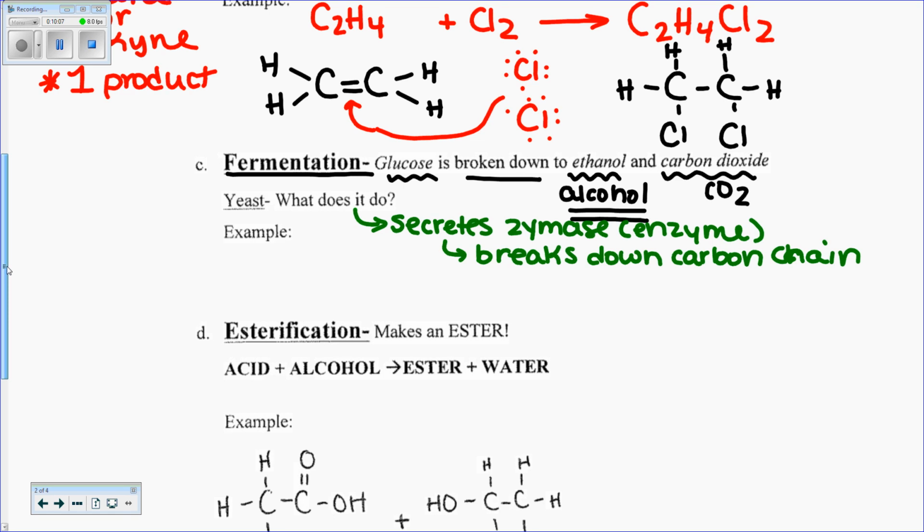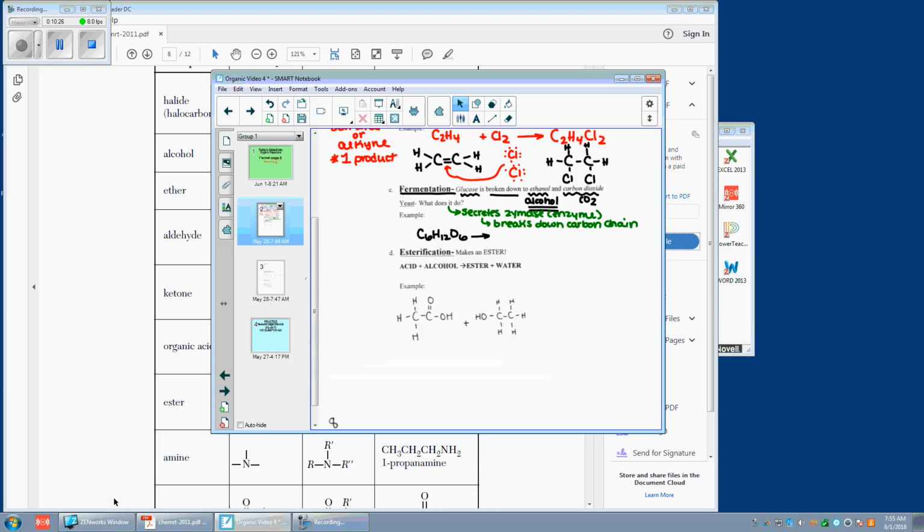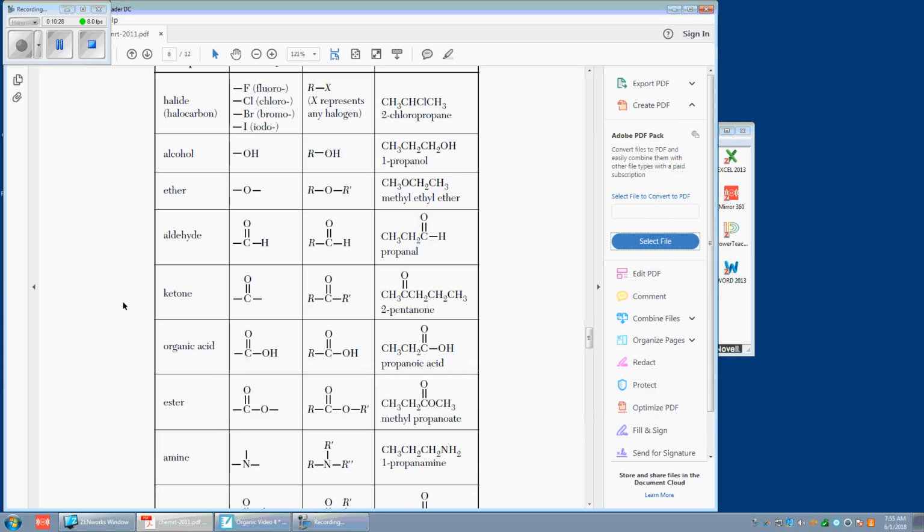Let me show you an example. I'm going to take that glucose, C6H12O6, and here's what I'm going to make. I'm going to make ethanol. If I went to my Table R, which I could show you, where's my alcohol? Here's my alcohol, right there. My alcohol has an OH group.